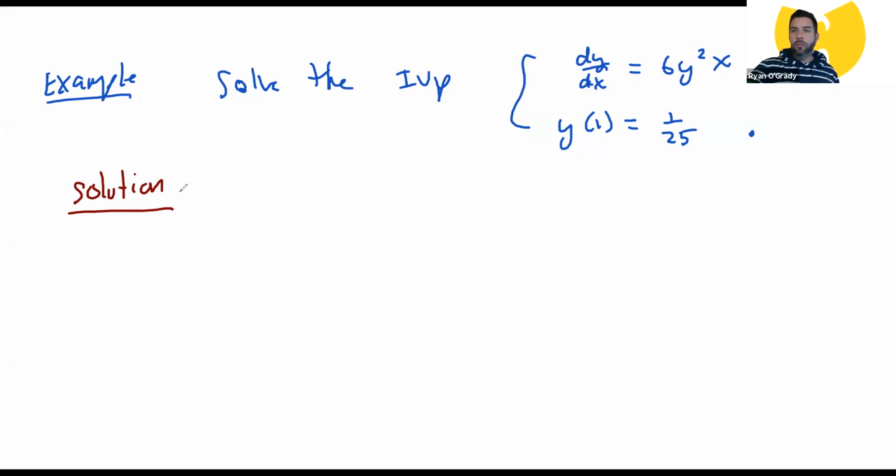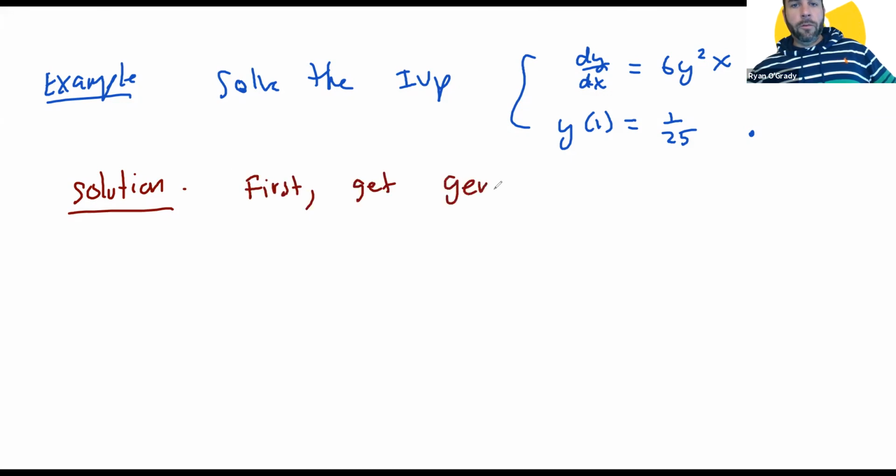Okay, so we're going to do the same thing we did in the previous example. First, we'll solve to get the general solution, and then we'll get the particular solution. So the first thing we'll do is get the general solution.